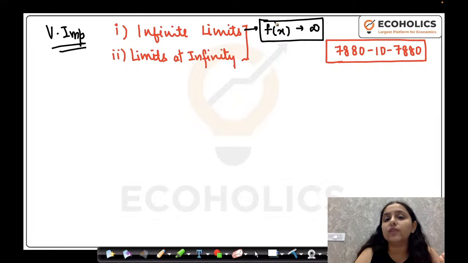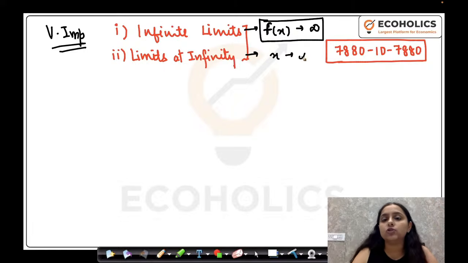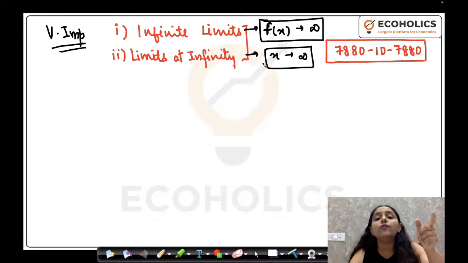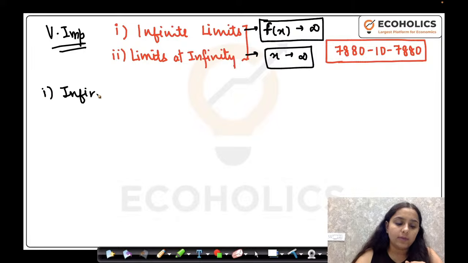The function becomes infinite when it is near infinity. That is an infinite limit. Limits at infinity means x approaches infinity. So you have to find the limit when x is at infinity. Okay? When x is at infinity. So both are different things. In this, f of x is becoming infinite. In this, x is becoming infinite. So first we talk about infinite limits.